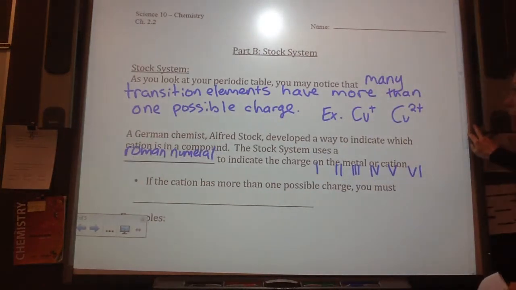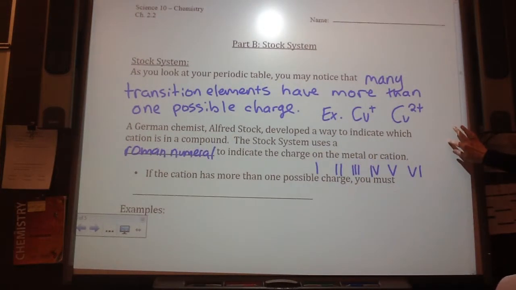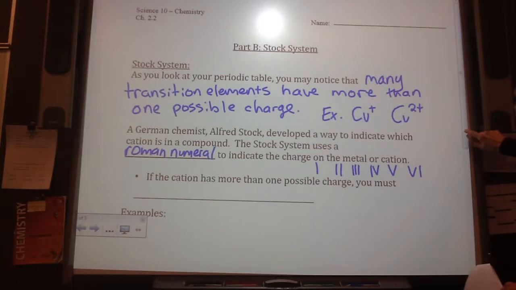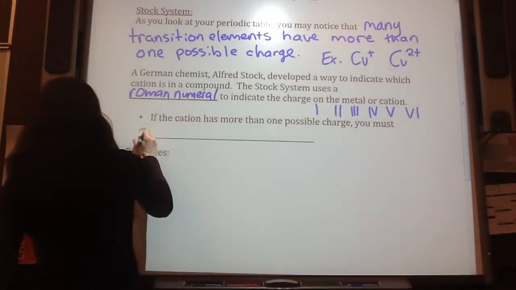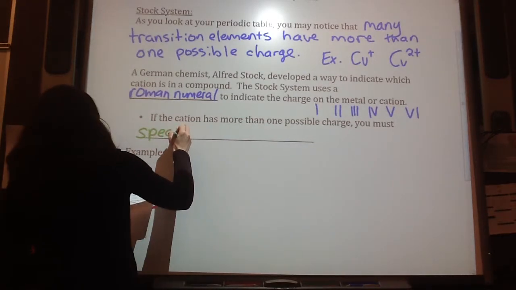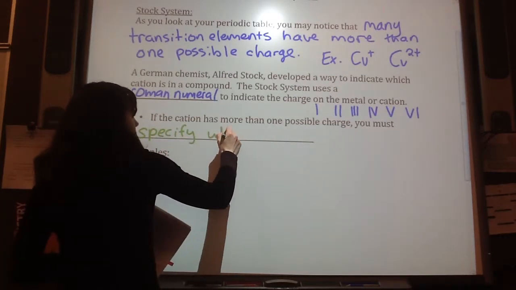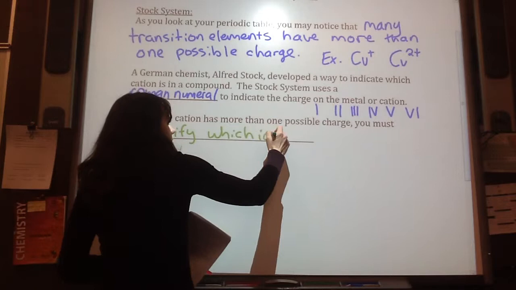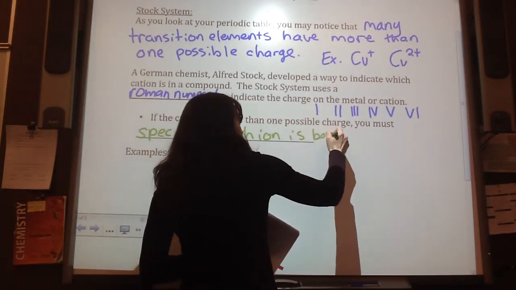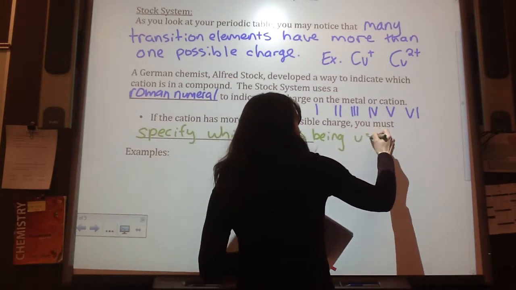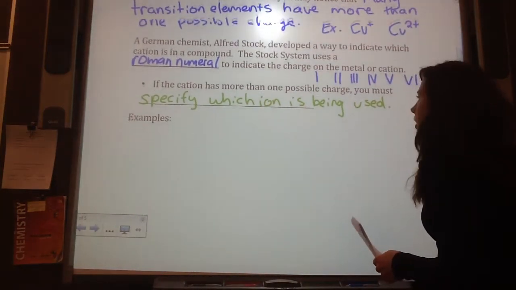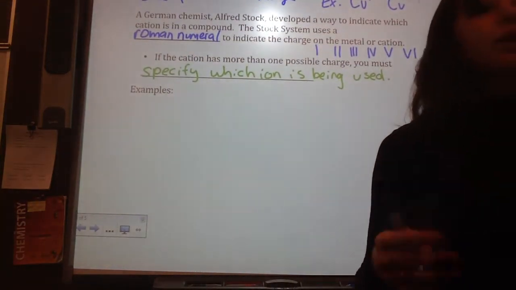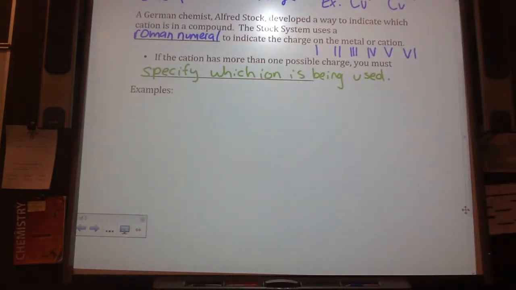If the cation has more than one possible charge, you must specify which ion is being used. Now, to do this, sometimes it's really helpful to write out your ions.